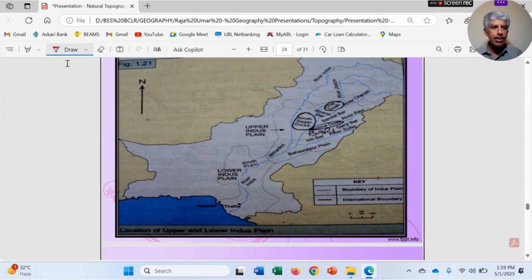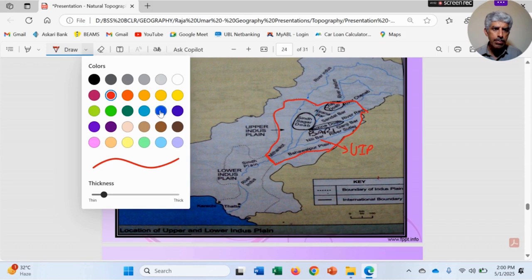You can see that in one region, if I talk about in the north of this dotted line, I am talking about this whole land of Punjab and some lands of Khyber Pakhtunkhwa. This region is known as Upper Indus Plain, as it is in the north of the whole of the plain.